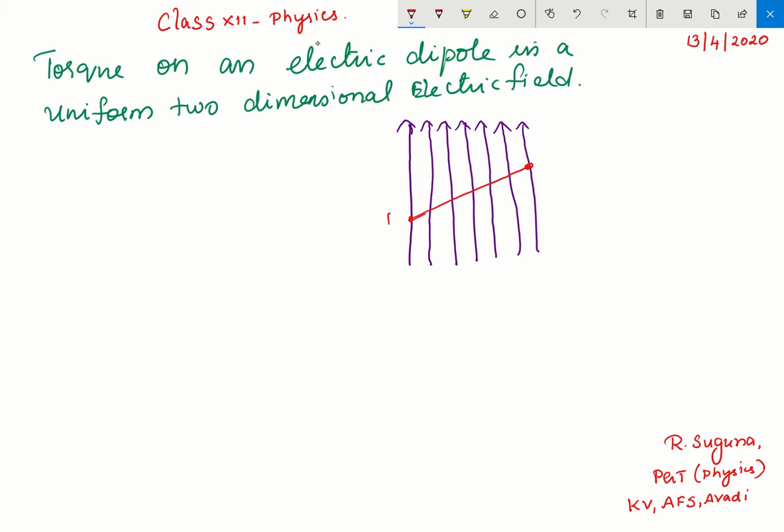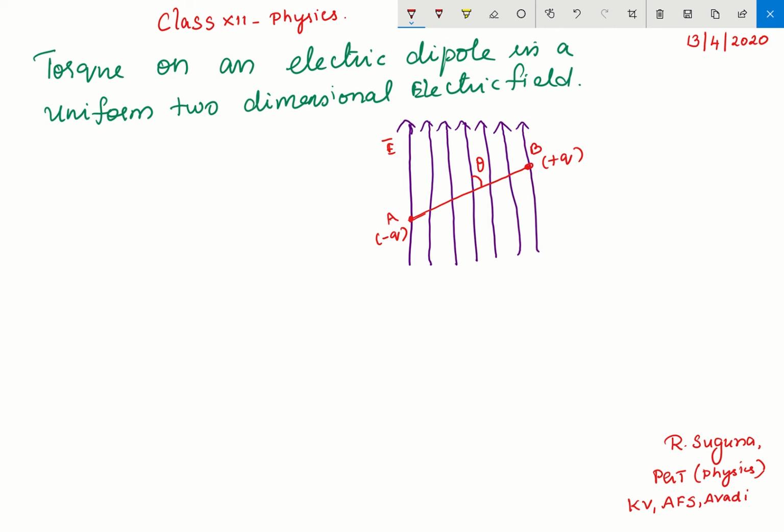This is A and this is B. A is minus Q, and it is a dipole, and B is plus Q. And what is the angle of inclination with the electric field? This is the electric field.